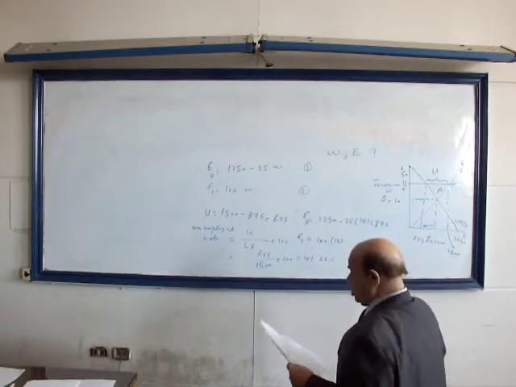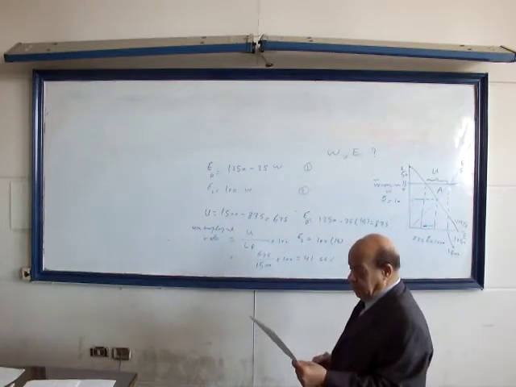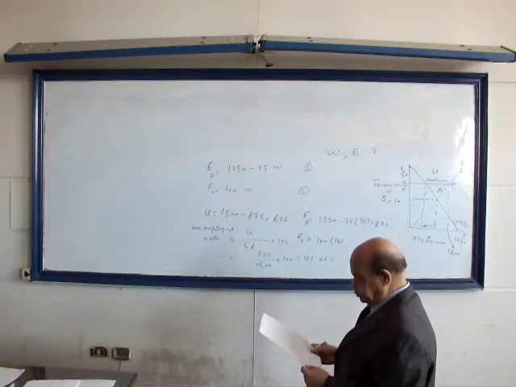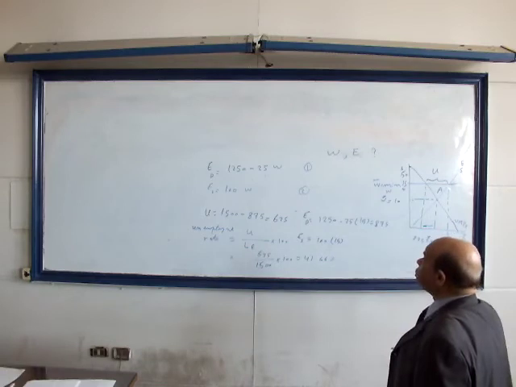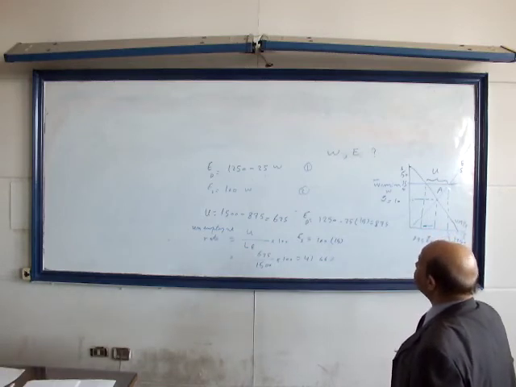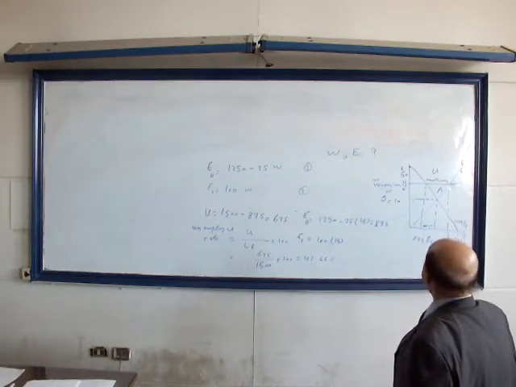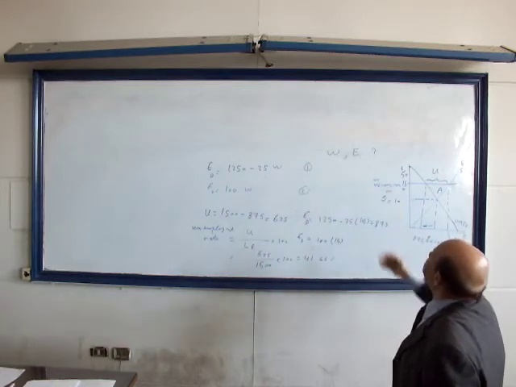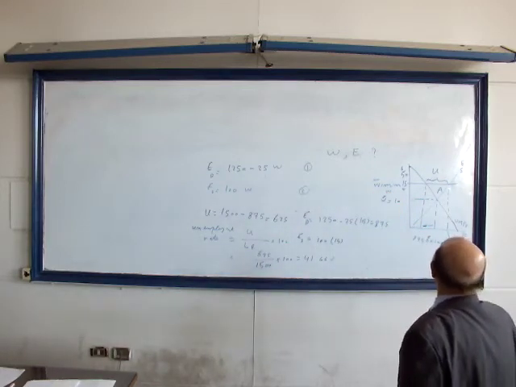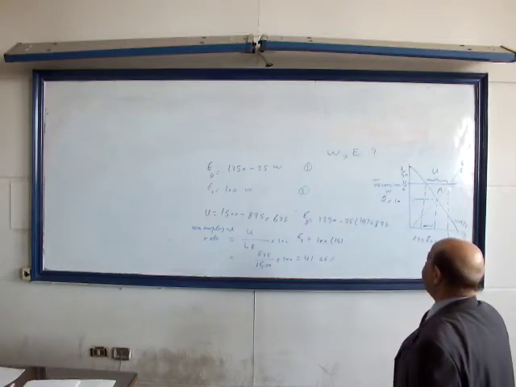Okay? Question number 3. Suppose this market is a discriminating monopoly. If I ask you about the discriminating monopoly, as you know, how much employment and wage in this case to maximize profit?